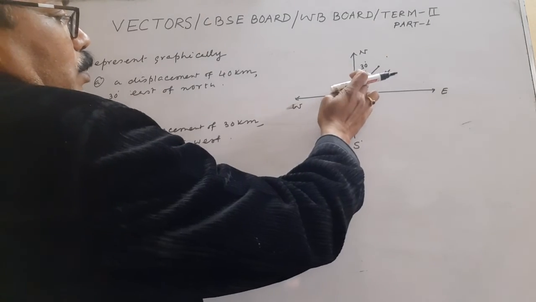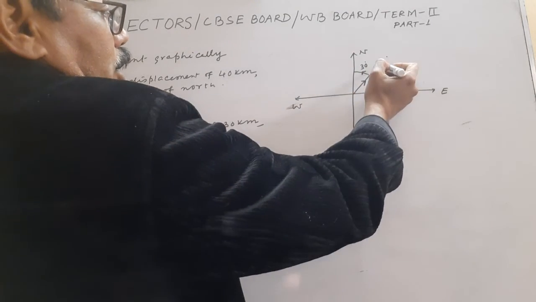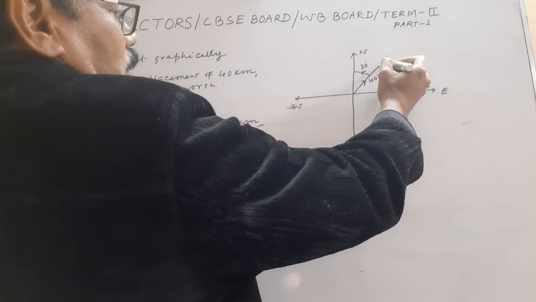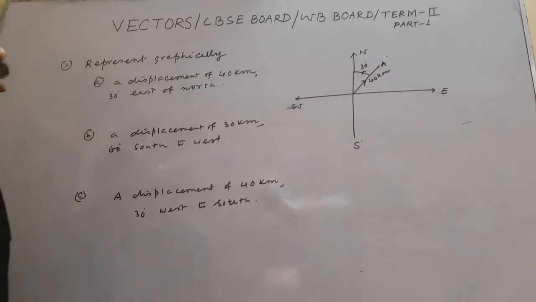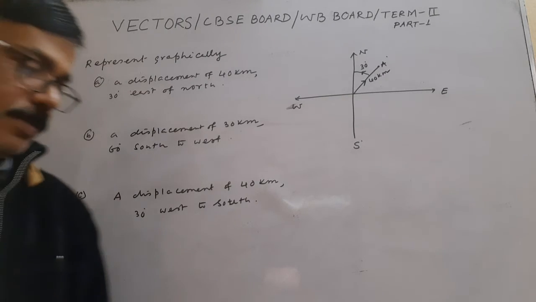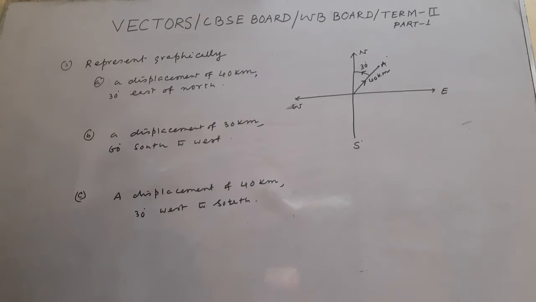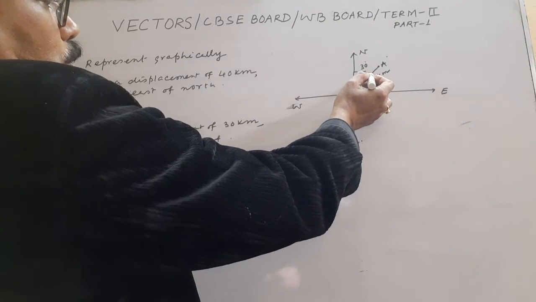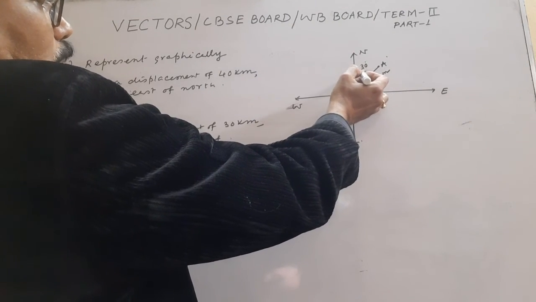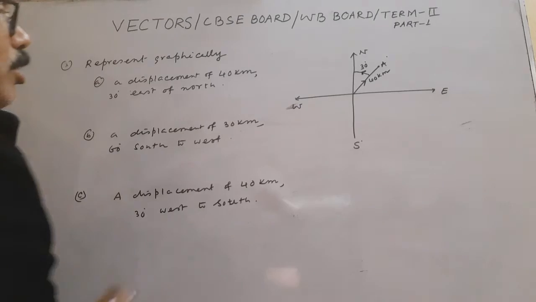It is measured from east to north. So OA is the displacement. East to north, and this angle is 30 degree.